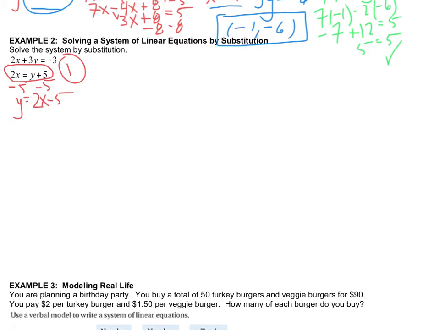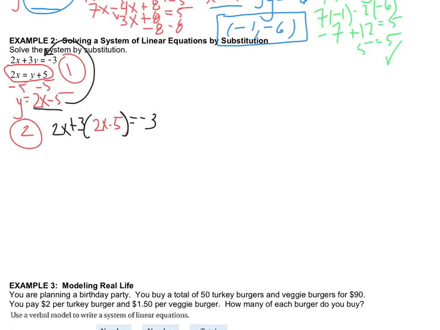Remember, step 2 says to take this part of that equation and plug it in to the other equation. So I'm going to do 2 times x plus 3. Now I plug in the 2x minus 5 in place of the y. And it equals -3.